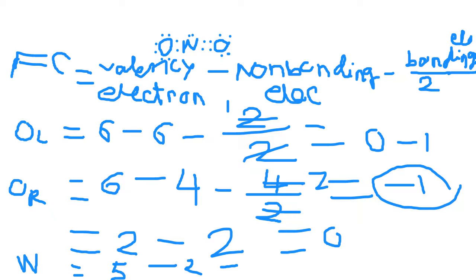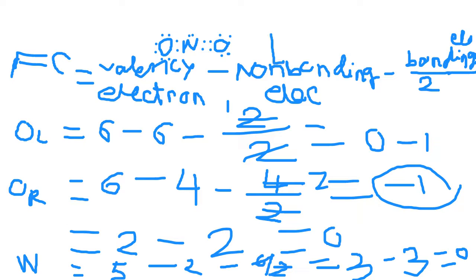So 6 divided by 2 comes to 3. 5 minus 2 minus 3, that equals 0. So that's why the overall charge of this ion we can write like that.